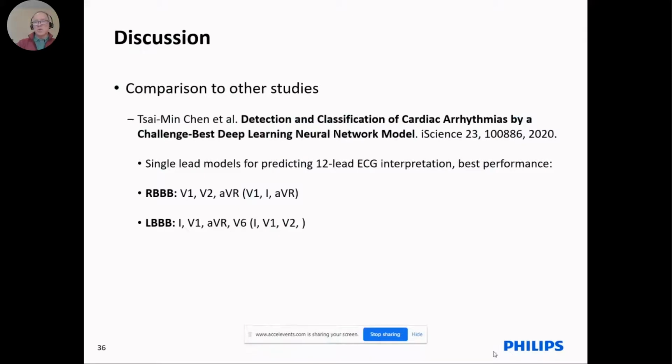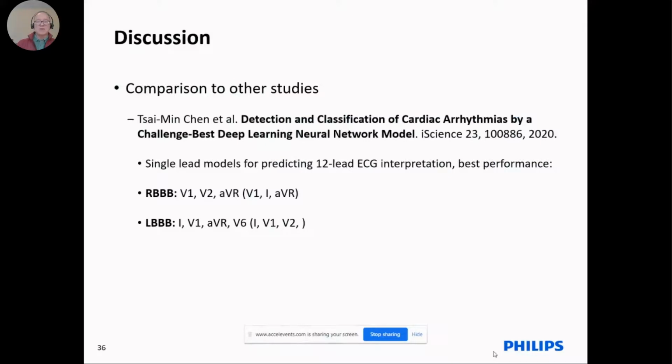So the focus of their paper was not single lead models, but they also generated single lead models in addition to their multi-lead models for predicting 12-lead interpretation. And they didn't have that many morphology categories, but they did have right bundle branch block and left bundle branch block. So we could compare our results and their results.